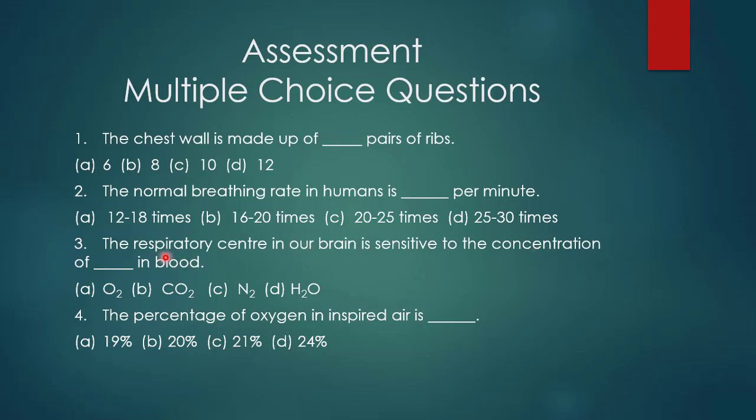The options are oxygen, carbon dioxide, nitrogen or water. The correct answer is carbon dioxide. Number 4, the percentage of oxygen in inspired air is, the options are 19%, 20%, 21% or 24%. And the correct answer is 21%.